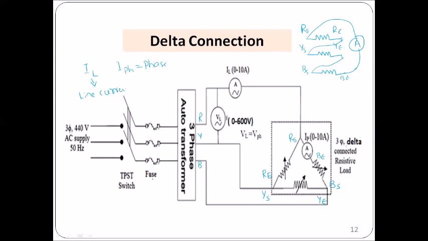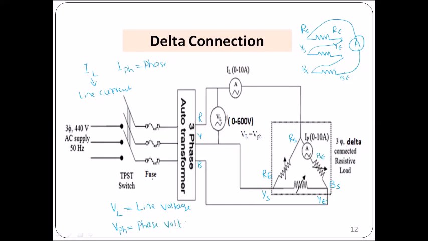Similarly, for delta or star connection, if I write VL, it means line voltage, and if I write VPH, it means phase voltage.